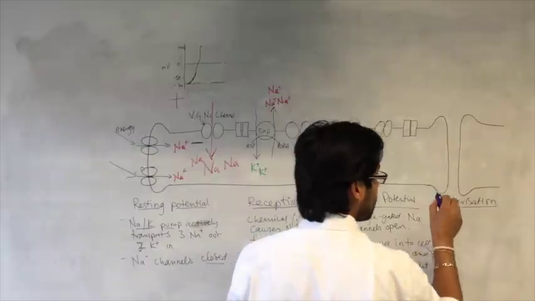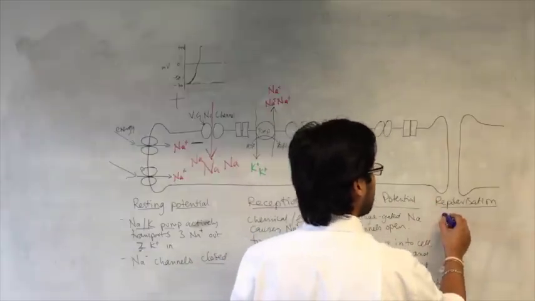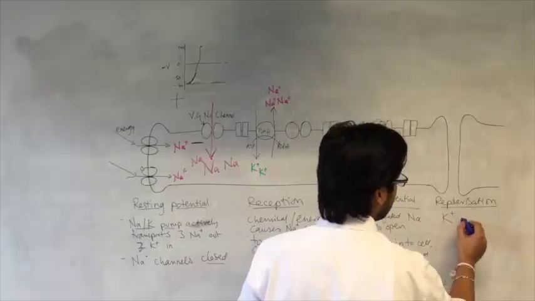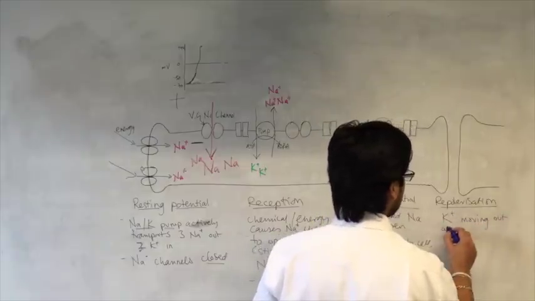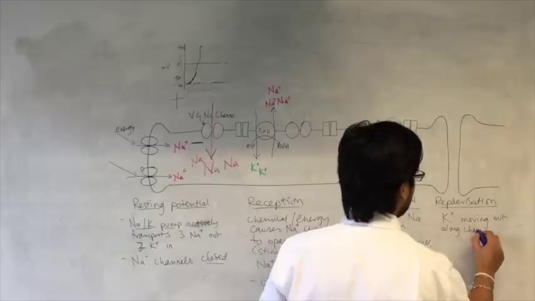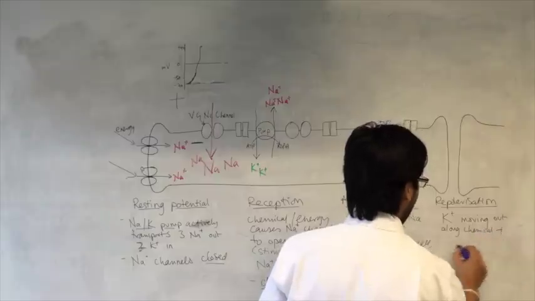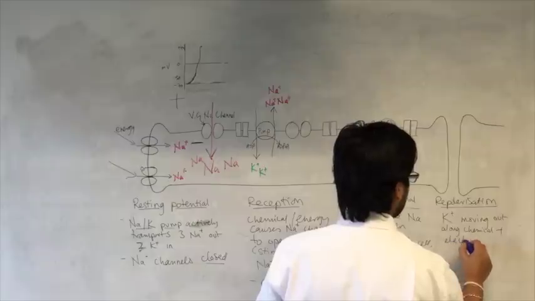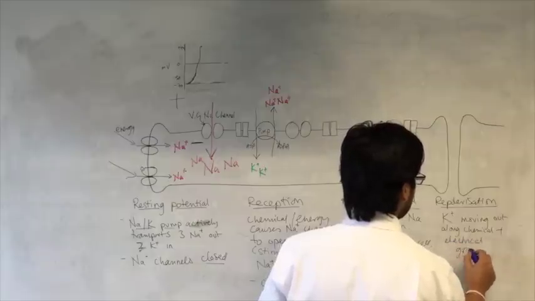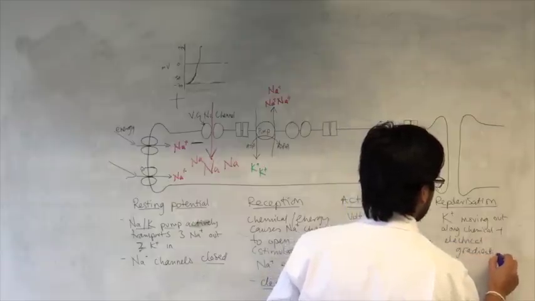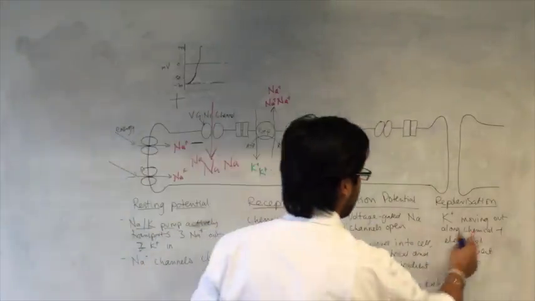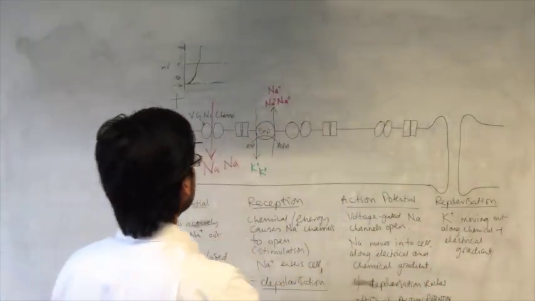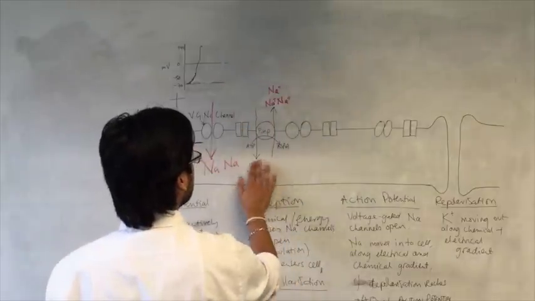When those gates open, the repolarization is caused by potassium ions moving out along a chemical and electrical gradient. So potassium moves out along the chemical and electrical gradient, so out it goes.